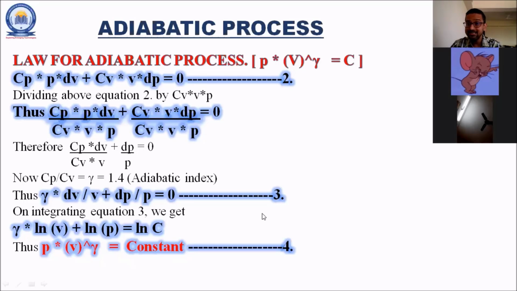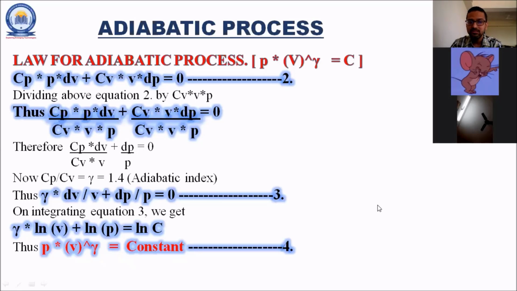I hope you have got the answer up till equation number 4, pv raised to gamma is equal to constant. I want your responses in the chat box so that I can move further in the derivation. Okay, so majority of the students have given me the confirmation. Thank you all.